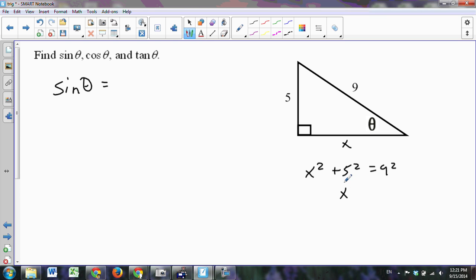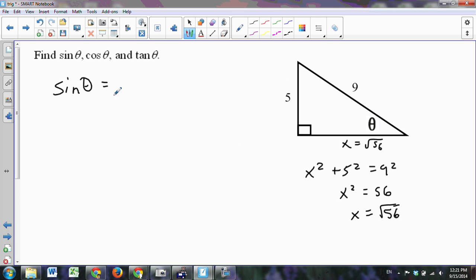You can pause the video and figure this out, but that's going to be 81 minus 25. So x squared will equal 81 minus 25, which is 56. And so x would equal the square root of 56. So that means that this side is the square root of 56.